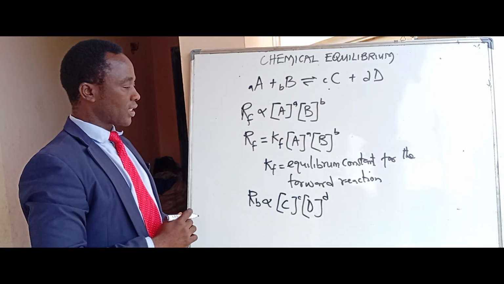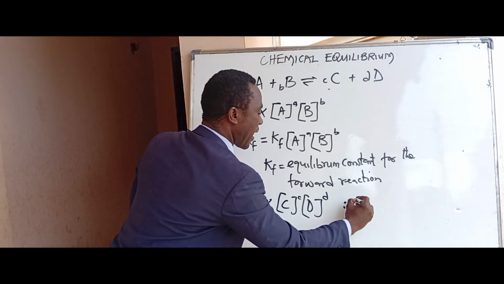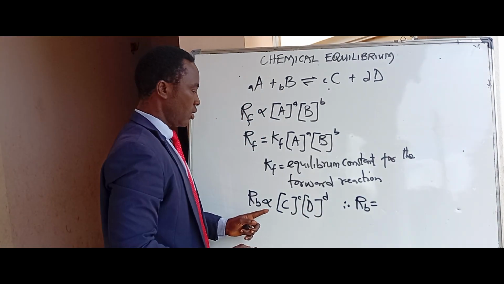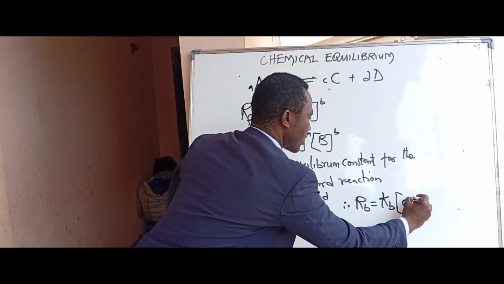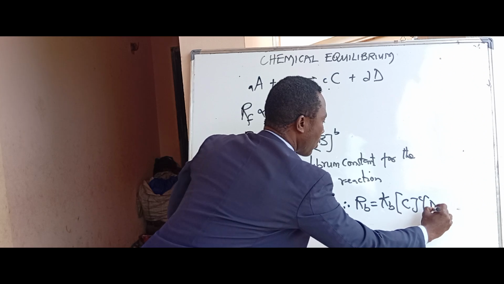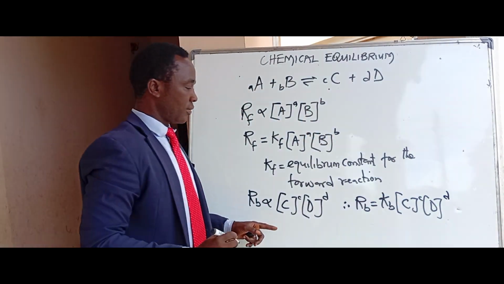If we introduce a constant, it will mean that the rate for backward reaction will be equal to Kb into C raised to the power c, then D raised to the power of the stoichiometric coefficient d.